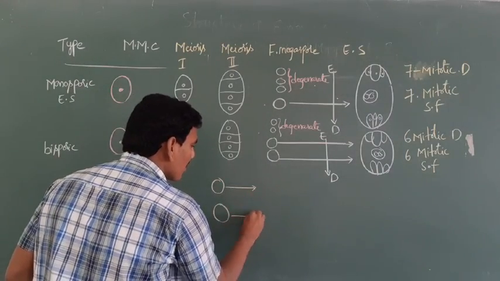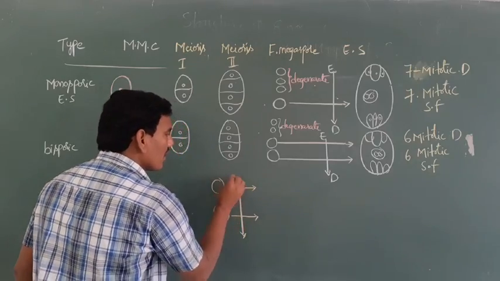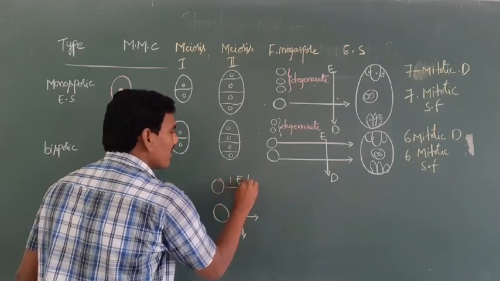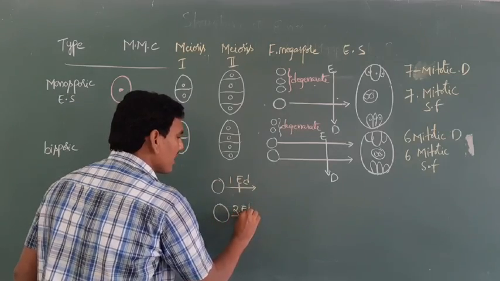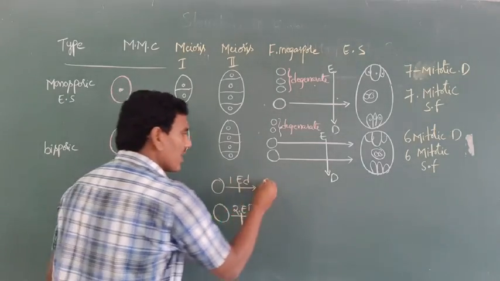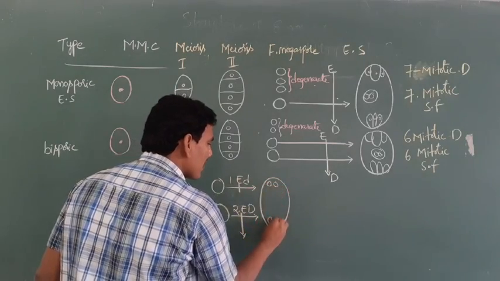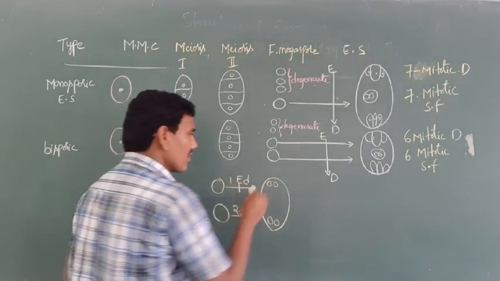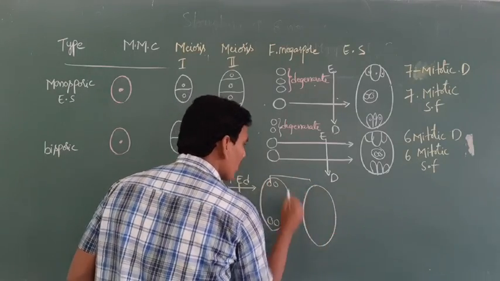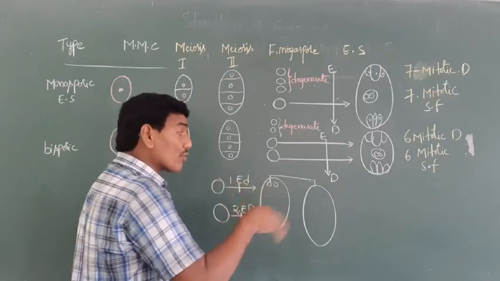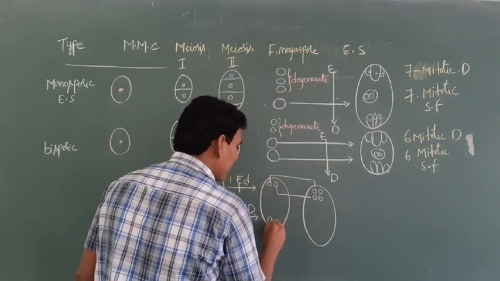It undergoes 1 equational division, and then a second equational division. In that condition, a 4 nucleated embryo sac is formed. Later, these 4 nuclei undergo 4 mitotic divisions.